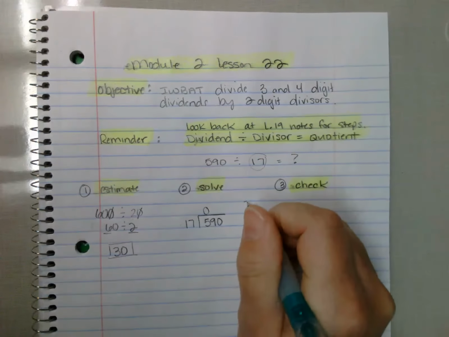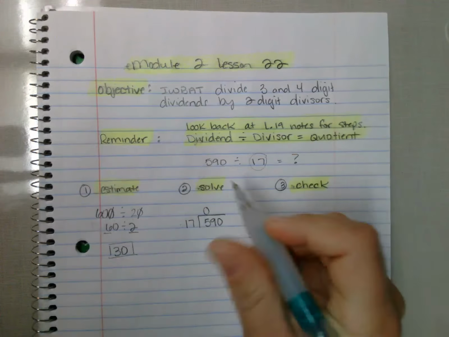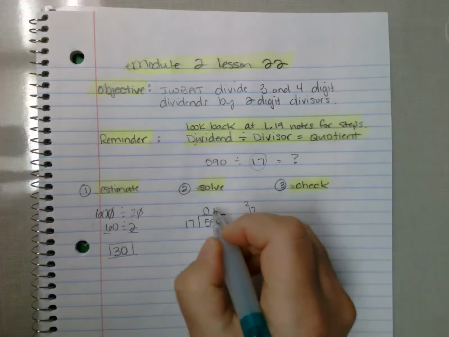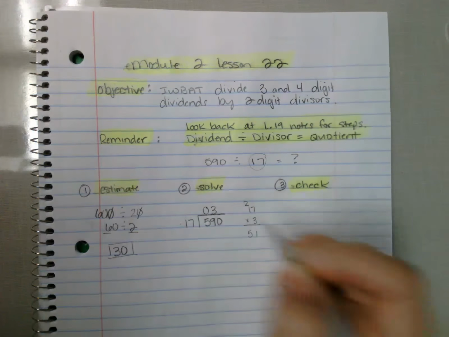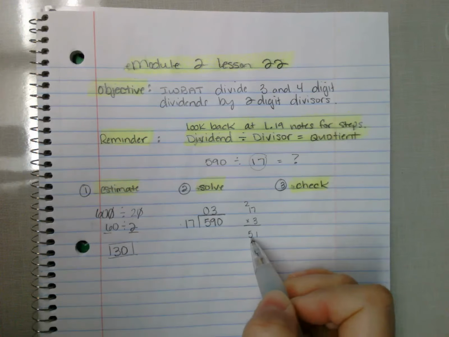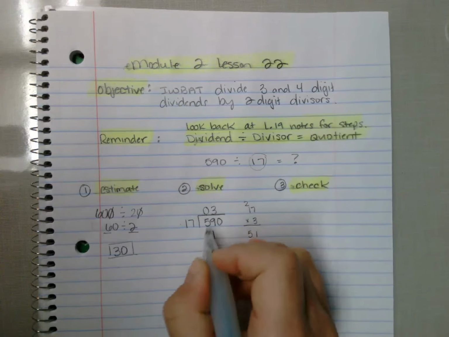I have 21. 3 plus 2, that's 5. So I have 51. Well, 51 looks like a good reasonable answer because I can't make another group of 17. So 3 is going to go right here on top of my 9. 17 times 3 is now 51. So I did my division, I did my multiplication.